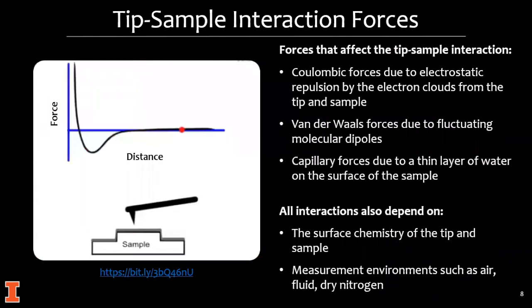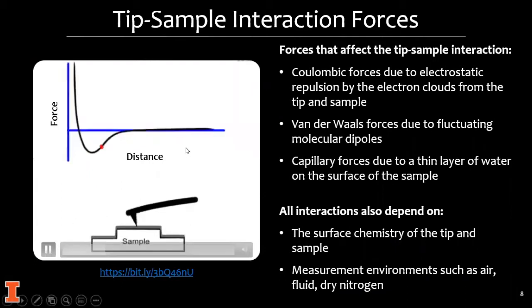So what is a force curve, and what are all these forces that we're talking about? So here you can see a cartoon of what would be happening if you take this measurement. So the tip would start above the sample surface, and so you would see 0 force in your baseline here. And then you'll bring the tip closer to your sample.